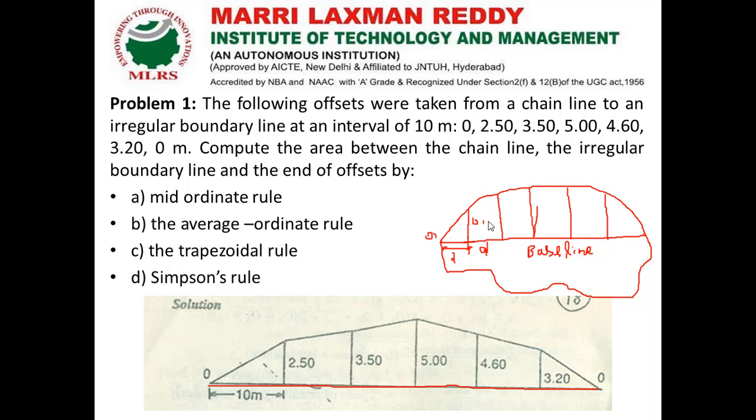O1, O2, O3, O4, like that. These are ordinates corresponding to the distance D. O5, O6 and O7.